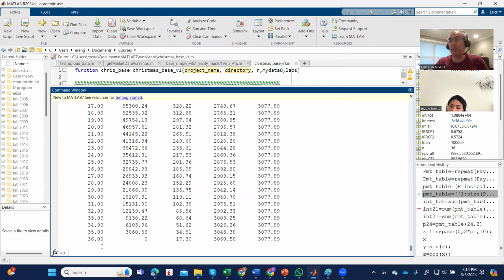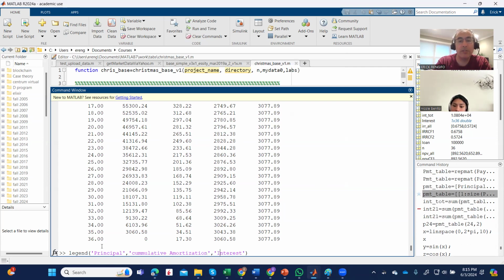What we can do is perhaps add a legend. This is something that you can add, guys. So let's say principal. The second one was what? Amortization. And then the last one was interest, right? And this is cumulative amortization.